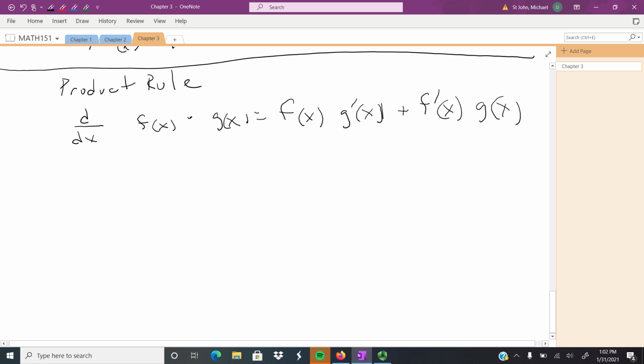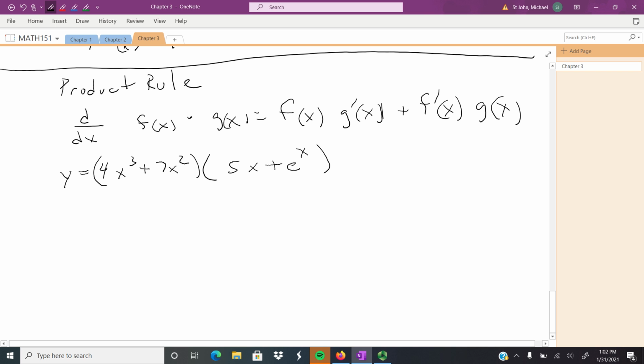So let's look at an example of how this would work. So let's say I'm given this: y equals 4x cubed plus 7x squared, and the other part is 5x plus e to the x.